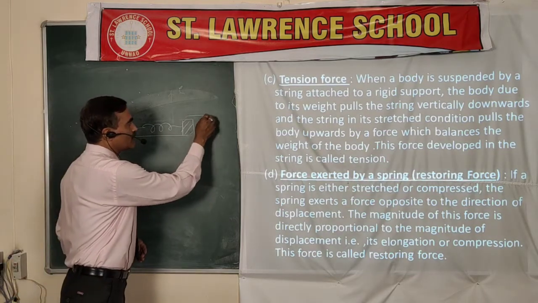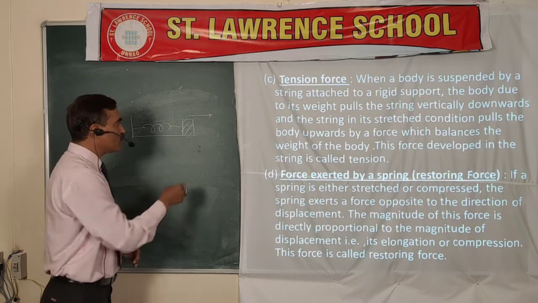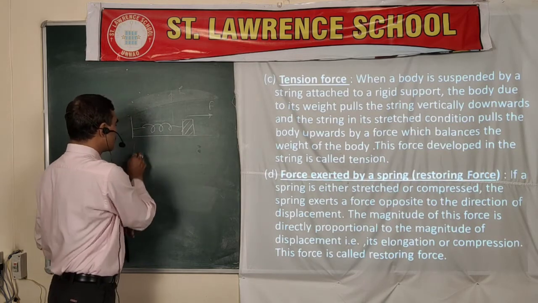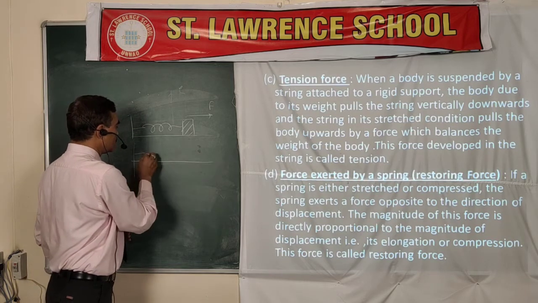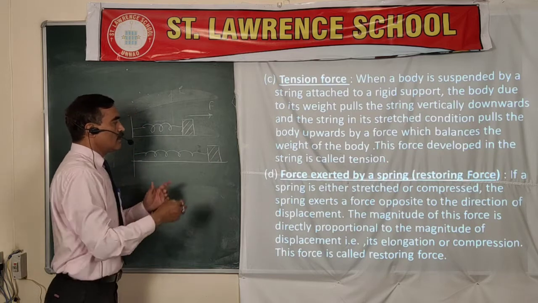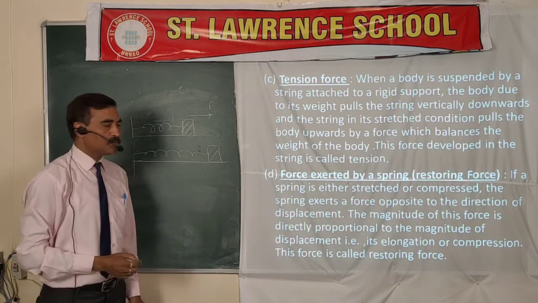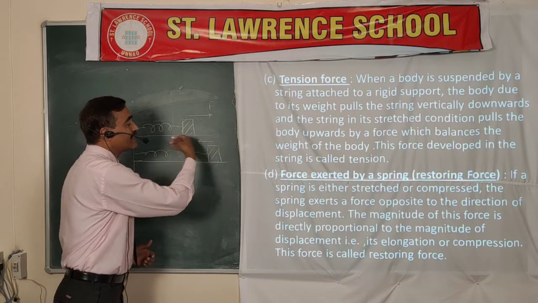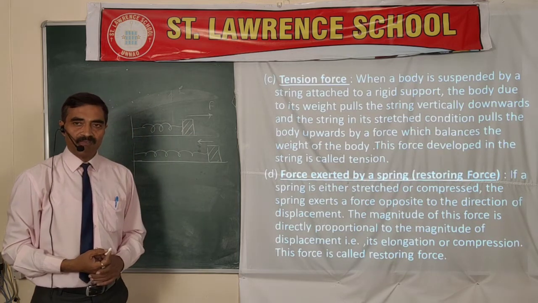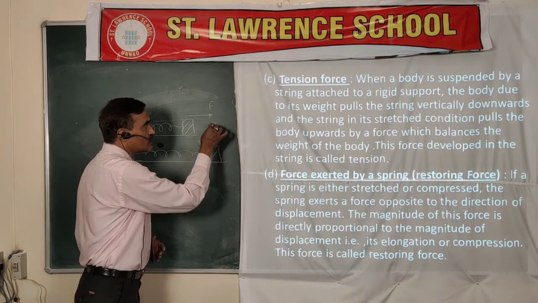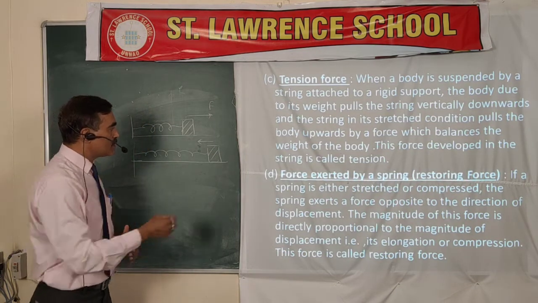Now when we pull the spring away, or pull the block away in this direction, this is the extended position of the spring. Now if we leave the spring at this position, then the spring automatically comes towards the initial position. Why does it come back when we are not applying any force?